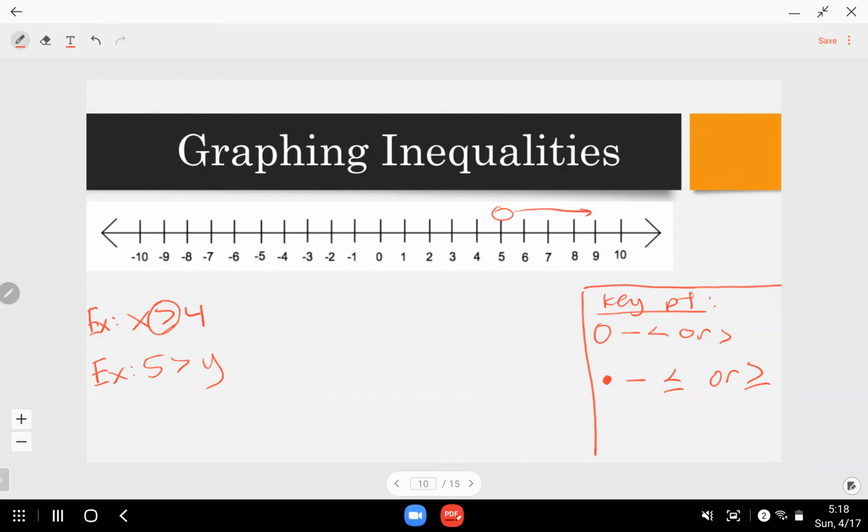Y is less than 5. Oh wait, then it's a left arrow. The trick only works if y is on the left-hand side. So if y is on the left-hand side, then it's less than 5, and this arrow is pointing to the left, like this.